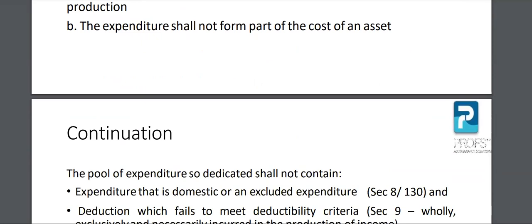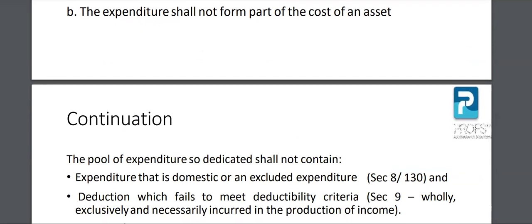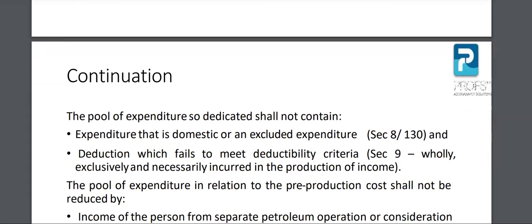Okay, so we need to be able to differentiate so that we can know which ones are for the asset and which ones are for the running of the business. But bear in mind that all the cost that is incurred at the pre-production phase qualifies for capital allowance, either administrative cost or what, it is qualifying for capital allowance.